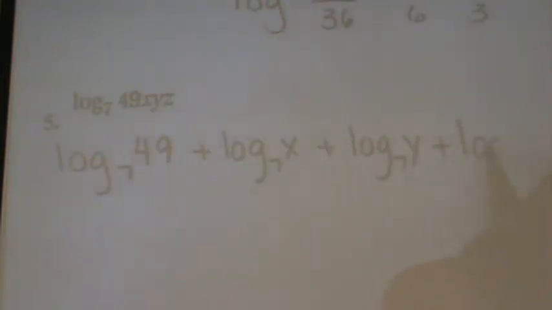Number 5 is a product of 3 things. So it's the log of 49 base 7 plus the log of x base 7 plus the log of y base 7 plus the log of z base 7.